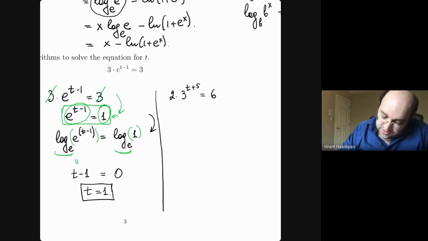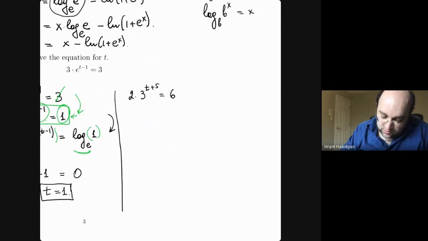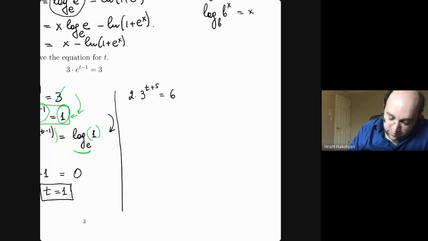Okay, so here is a similar equation. I have 2 times 3 to the power t plus 5 equals 6. I want to solve for t. How do I do that? Well, first of all, I'm going to simplify, and on the left hand side, I'm going to leave just the exponential. So I'm going to divide both sides by 2.